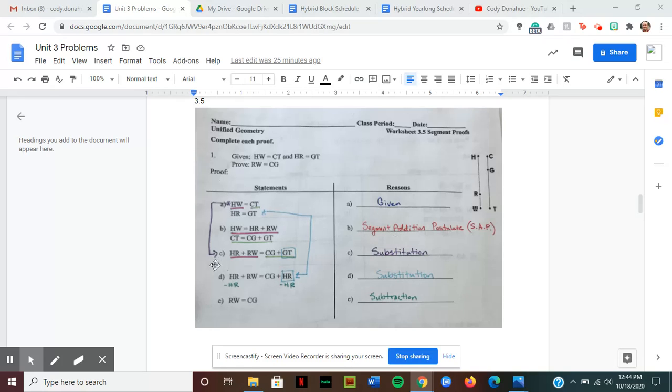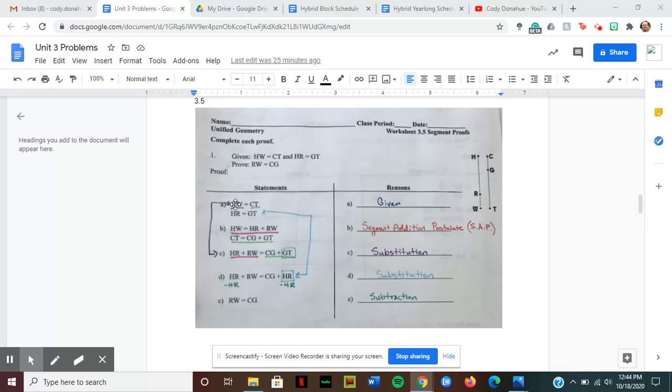Statement C says HR plus RW equals CG plus GT. If you notice, the first statement in statement A was HW equals CT. And then in statement B, we had HW and CT, so HW, HW, CT, CT.